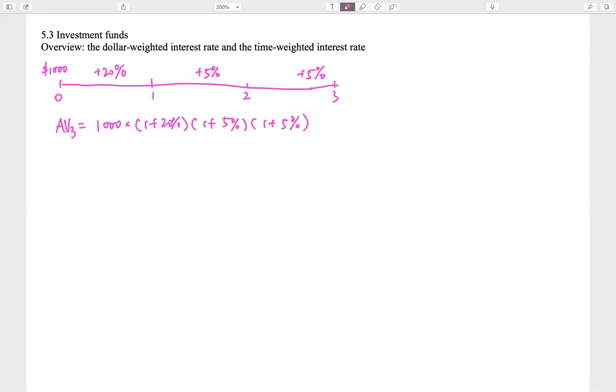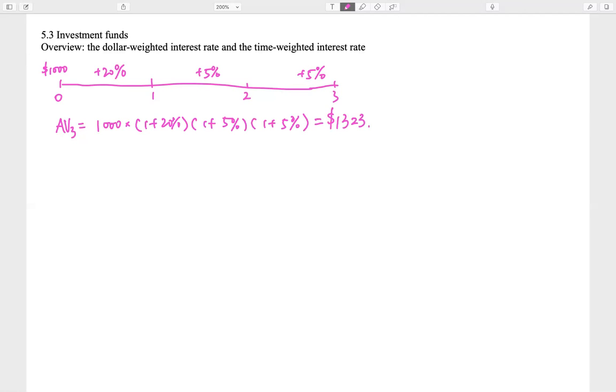The extra $200 will be reinvested in the same fund, earning the same interest rate. So in the second year, we will have $1,200 earning at 5%, and the same for the final year. Okay, we will be able to compute this number quite easily.